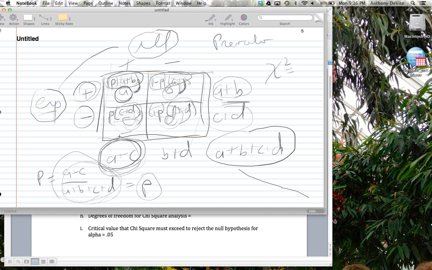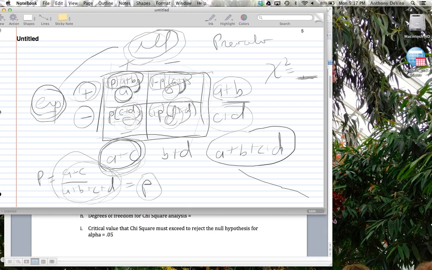So that value of chi-square, when we take each box cell by cell and calculate what those values of the differences are, right? When we add that up, we get some number. The larger that number is, the less likely it is that exposure and illness are independent of one another.